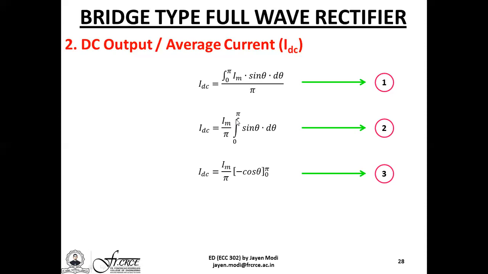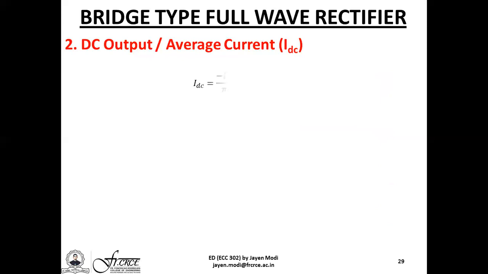If I take out the negative sign, I get IDC is equal to minus Im upon pi, brackets open, cos theta, upper limit is pi, the lower limit is 0. Equation number 5 now becomes IDC is equal to minus Im divided by pi, brackets open, cos pi minus cos 0. The same process repeats once again.